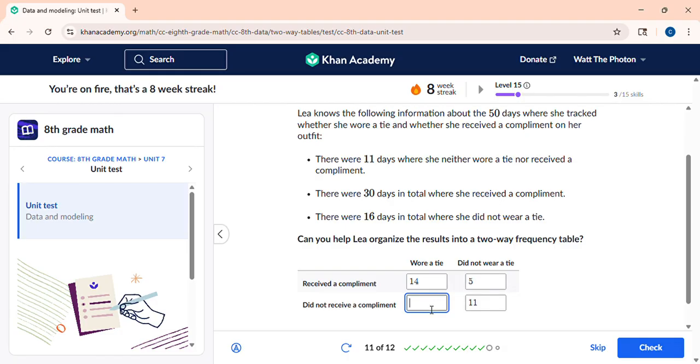That messes with our summation. That gets us 20, I believe. 5, 11, 20. And there's a total of 50 days.